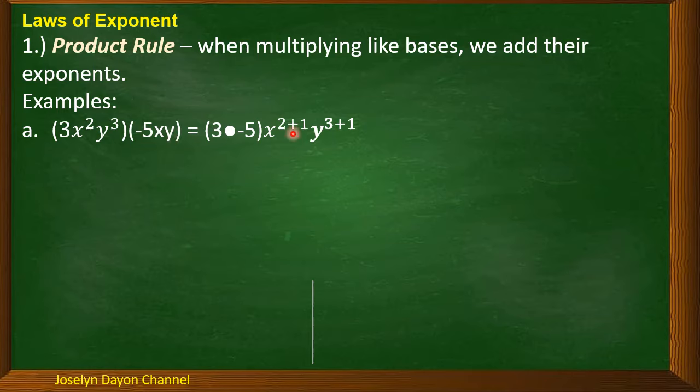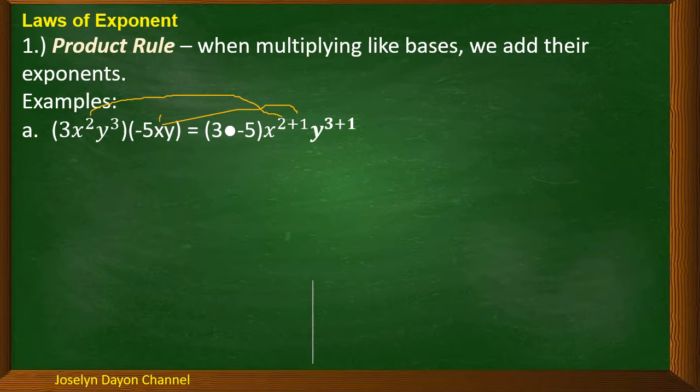So we have to add 2 and 1. Again, we get 2 from this, and the 1 is coming from the exponent here of x. Though you are not able to see 1 as an exponent, it's already understood that the variable has an exponent of 1.